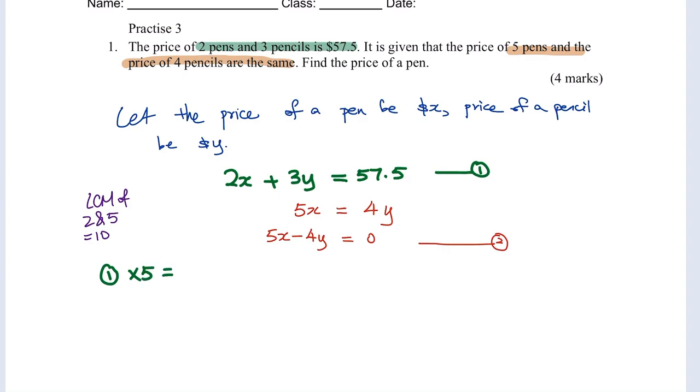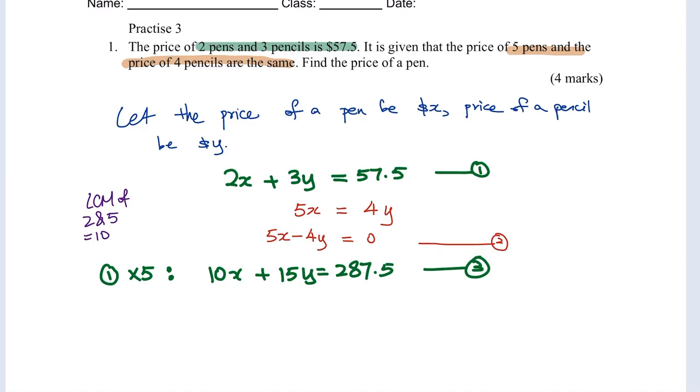So you do that: 2 times 5, 10x. 3 times 5, 15y. And then how about the last one? 57.5 times 5. Again, you can use a calculator, or if you don't have it, you can just use your brain. 287.5. That's your third equation.